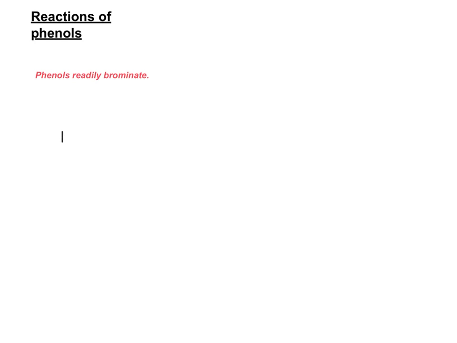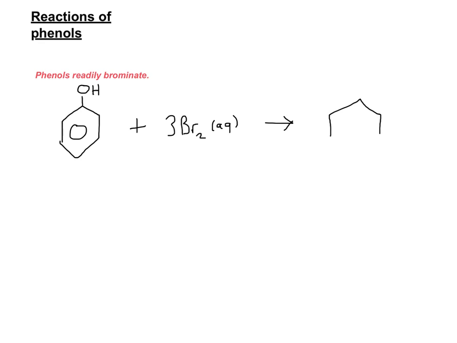If we take a phenol molecule, bearing in mind now that we have extra electron density in the ring, and we simply react it with bromine water, like so. You'll get a multitude of brominations, generally at the 2, 4, and 6 positions. Like so.